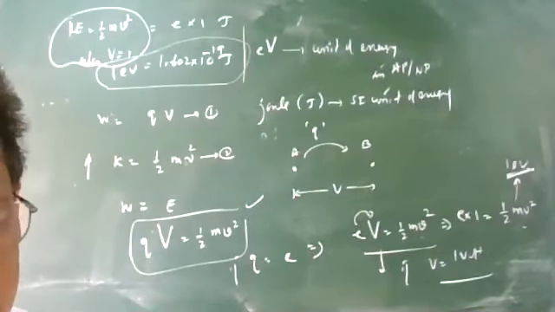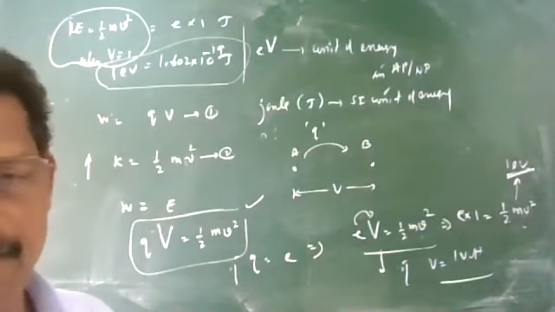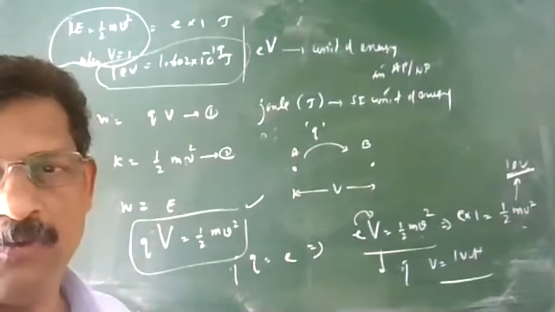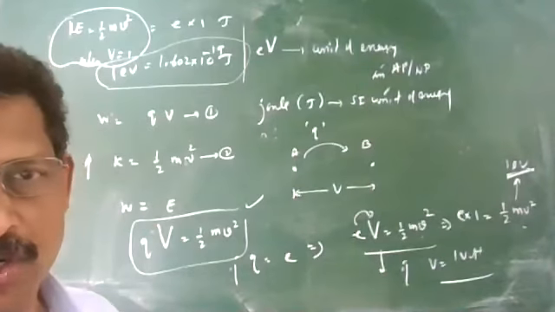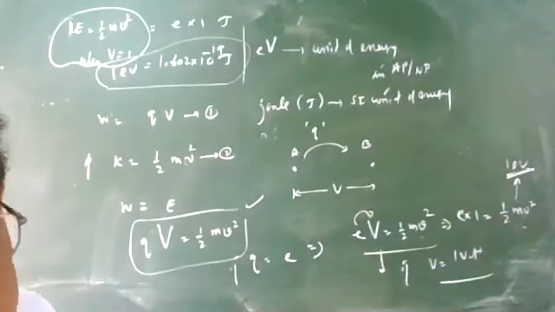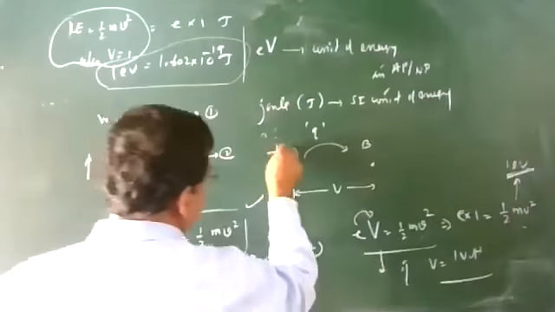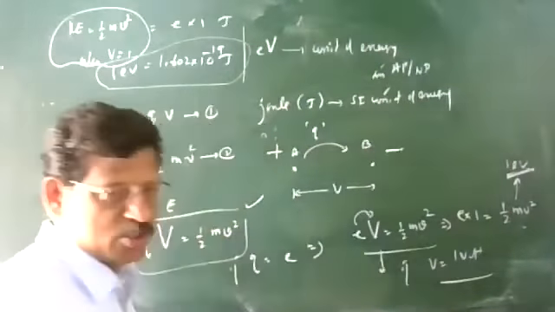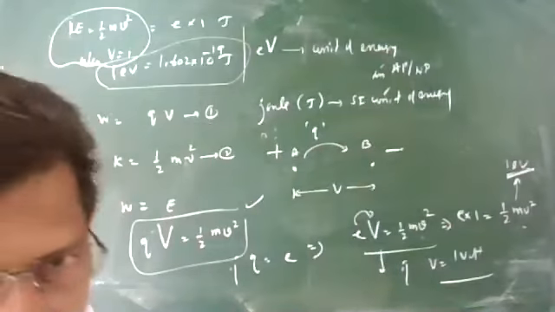Now my next question is, if it is an electron, which side will it go? Will it tend to move from low potential to high potential or high potential to low potential? Suppose A is given high positive potential and B is given negative potential. Which direction will the electron tend to move?